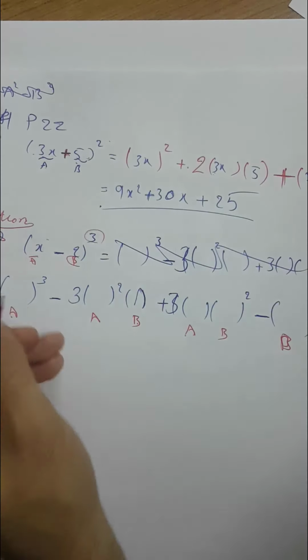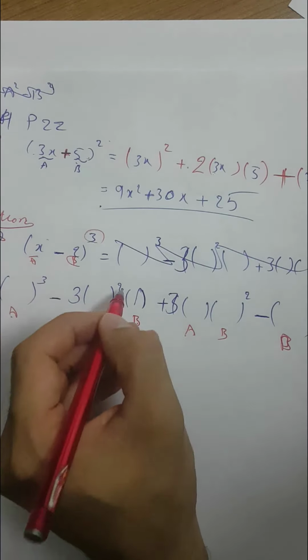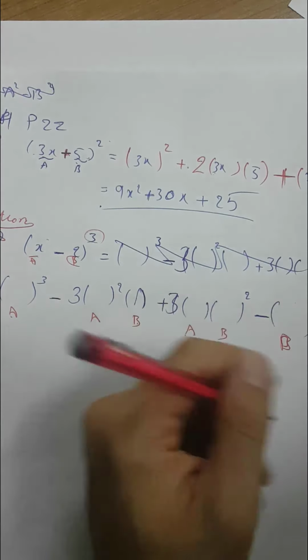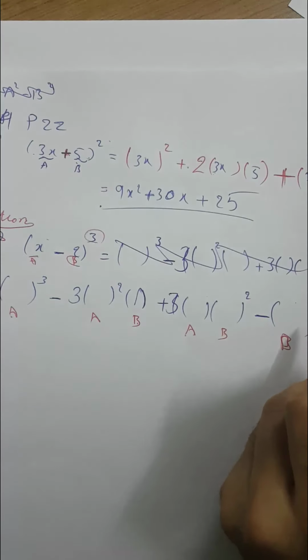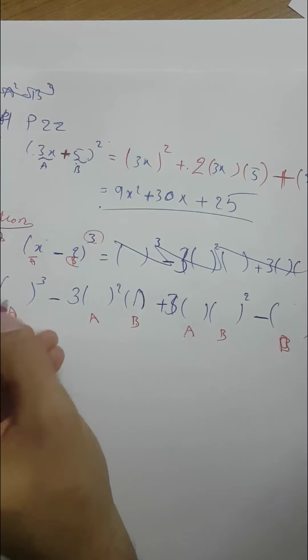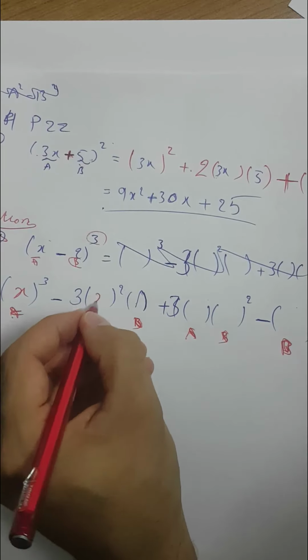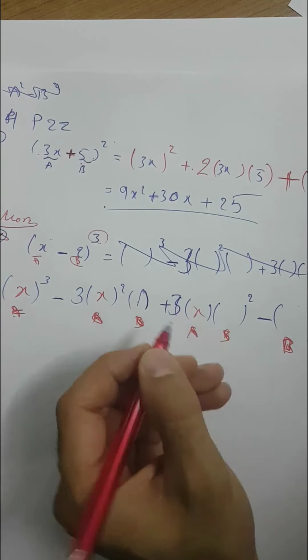Okay, so you see the power of a is 3, 2, 1, 0, or nothing, and if you look at the power of b, 0, 1, 2, 3. So where's a? a is x. Now there's no b.